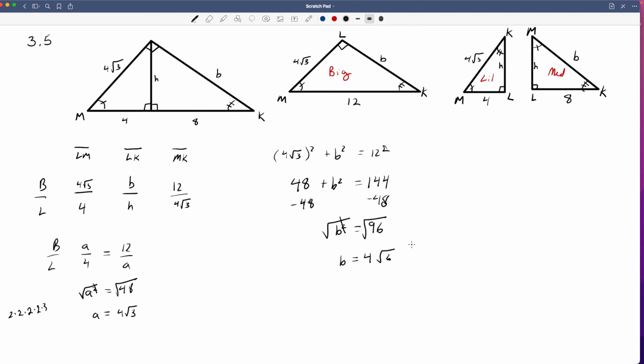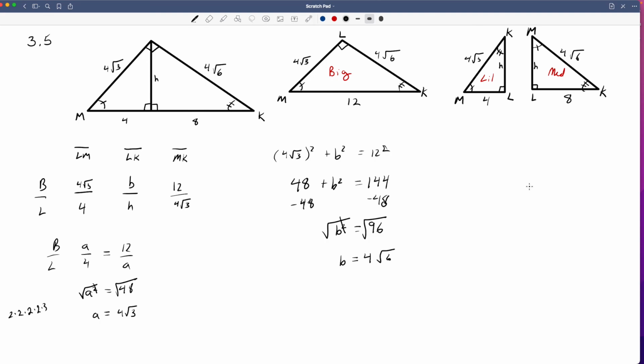All right, so now we know what B is. So we can take this out. 4 times the square root of 6, 4 times the square root of 6, 4 times the square root of 6. So now we have options.